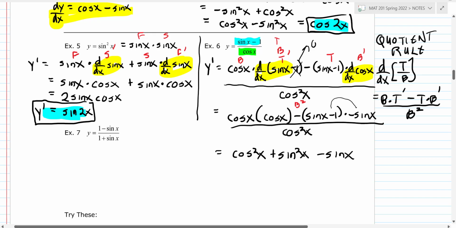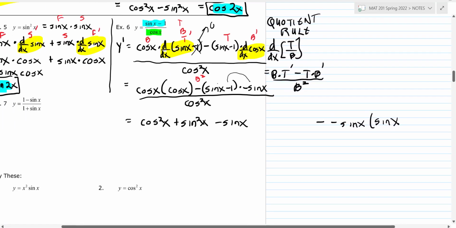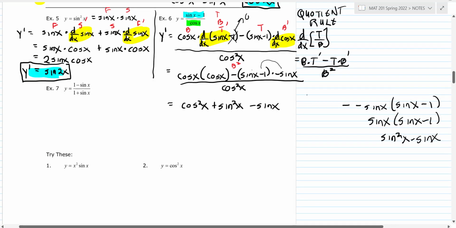I think a lot of students would do better on that part if they wrote this as minus sine x times sine x minus 1. That would be positive sine x times sine x minus 1. So when you distribute, you get sine squared x minus sine x. Whatever works for you. Students sometimes struggle with these signs in that part of the quotient rule, so be careful about that. Now that's all over cosine squared x.